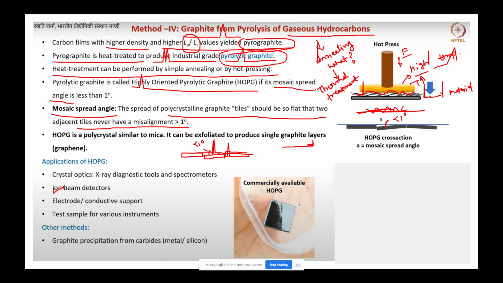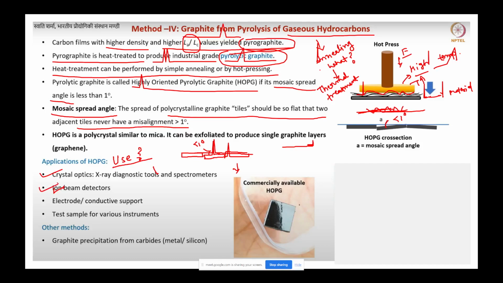So the next question is about application. It is very important to know where we can use this. If we know the properties of a material, then we should know how we can use it. Here in this figure, you can see how commercially available HOPG mainly looks. First thing is crystal optics: X-ray diagnostic tools and spectrometers.